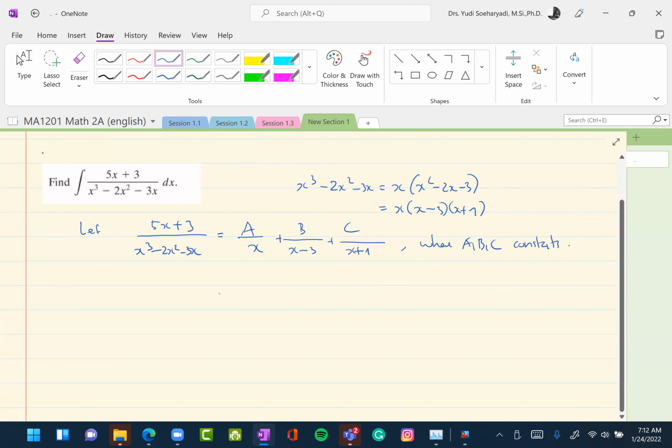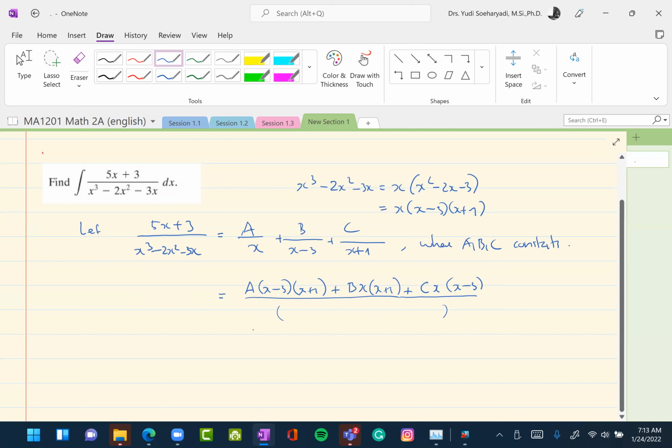Of course, I won't write this all down, but what you have here is A times x minus 3 times x plus 1, plus Bx times x plus 1, and plus Cx times x minus 3. There we go.